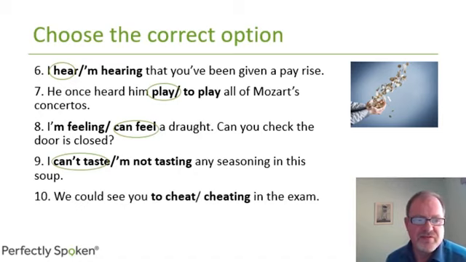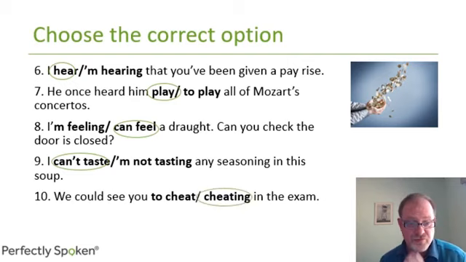Is it to cheat or cheating in the exam? And the answer is cheating. We always use the ing form after could see. So we could see you cheat would not be possible either. We could see you cheating in the exam.